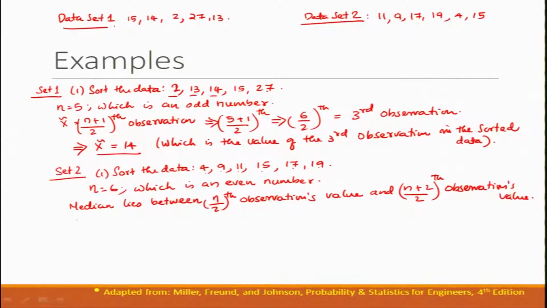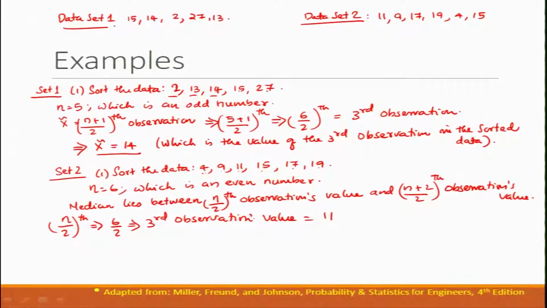So what is the n by 2th observation? n by 2 is 6 by 2, which implies 3. So it is the third observation's value, which is 1, 2, 3, 11.